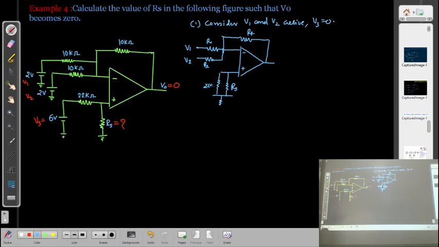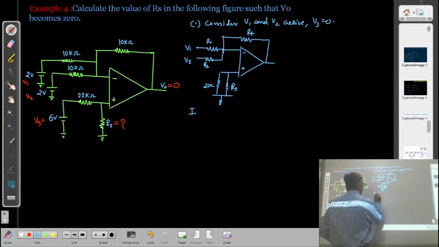So here you will find that it is nothing but simply an inverting summing amplifier. So directly we can have the expression for the summing amplifier.